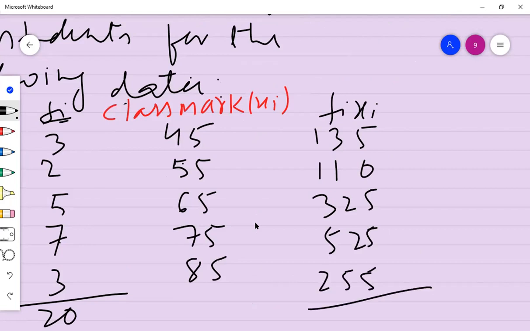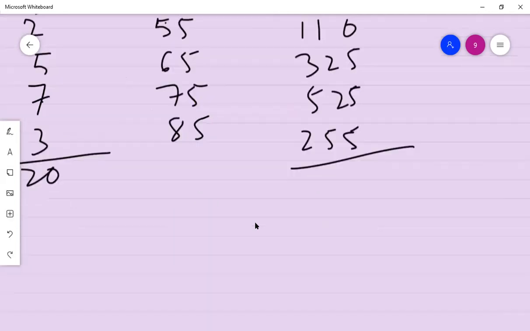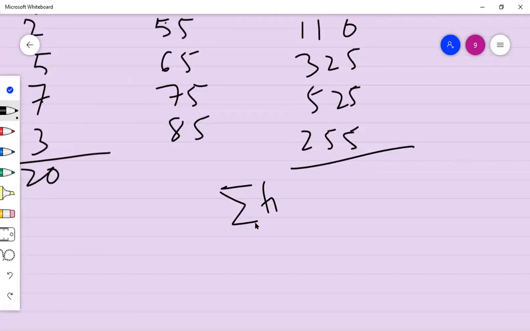Okay, this is fi xi. In the next step, we find the sum of these fi xi. So the total of fi xi is called sigma fi xi.